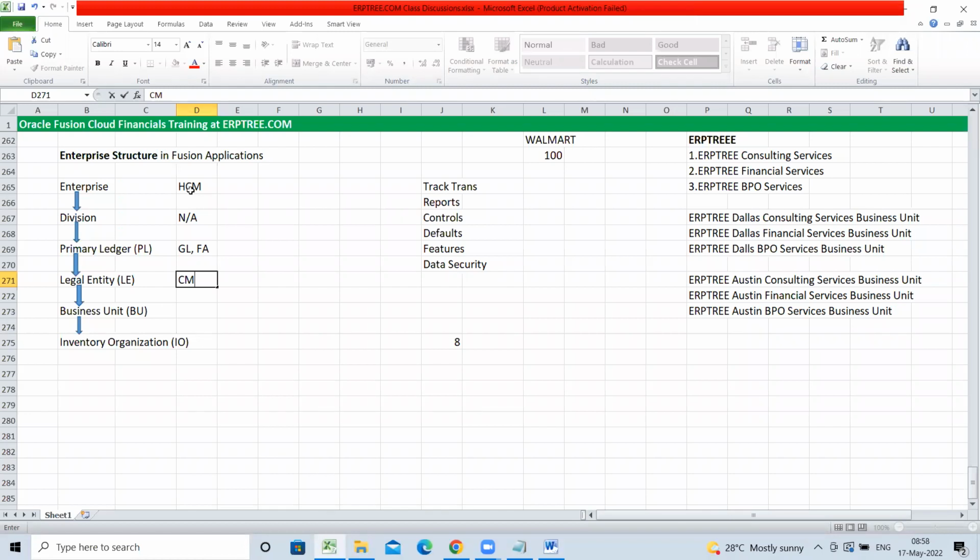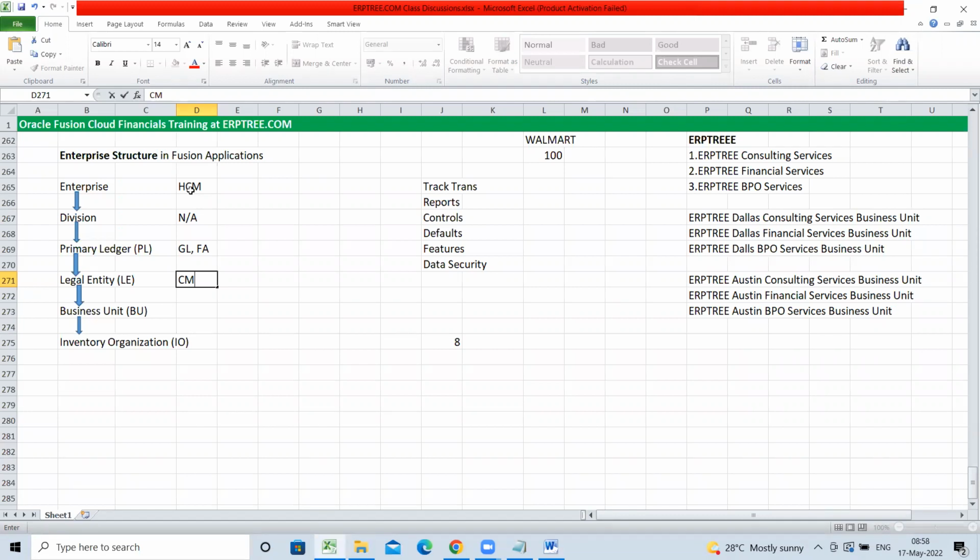The company is the owner, and the real company in the system is the legal entity only. The companies you give in the chart of accounts are not real companies; those are parts of companies, like your branches. So a real company means a legal entity only. So when you create bank accounts in cash management, we create the legal entity as the bank account owner, which is the company registration.